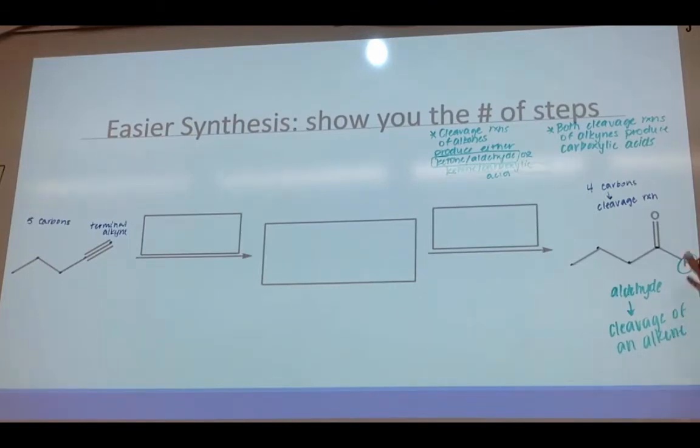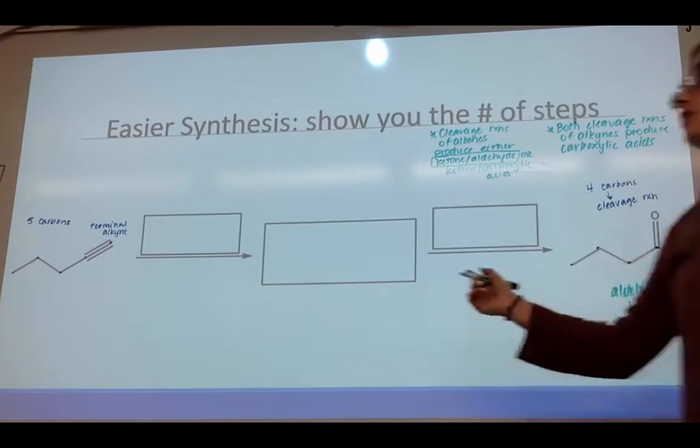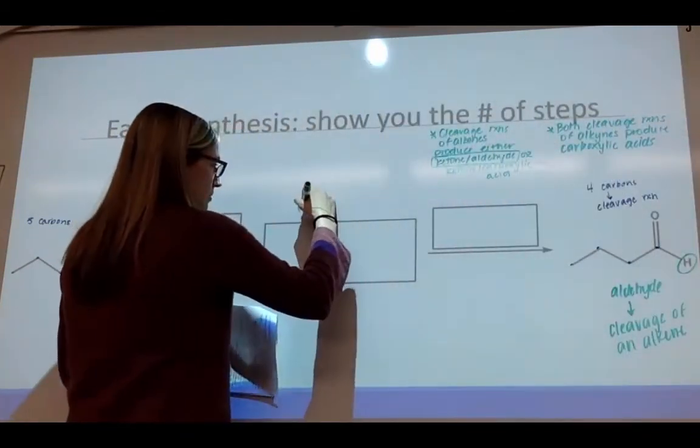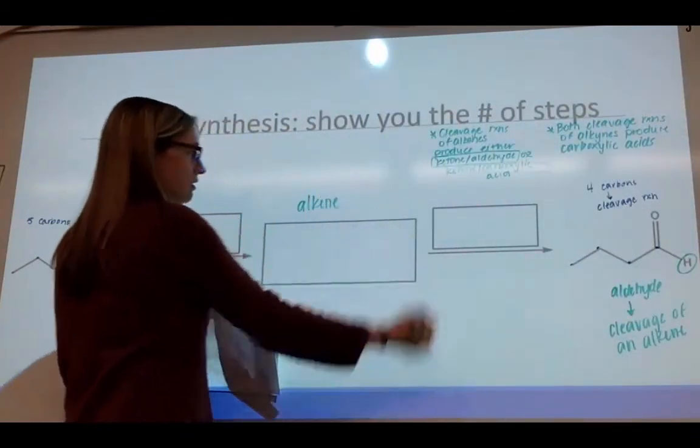Sometimes before you can even figure out any of the reactants, you really have to look at what you are starting with, what you are ending with, and what we have to start with to get this product, that in between. To create an aldehyde, you have to cleave an alkene. And so that means that this in between is going to need to be an alkene.